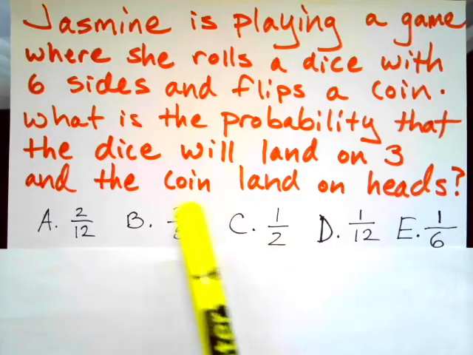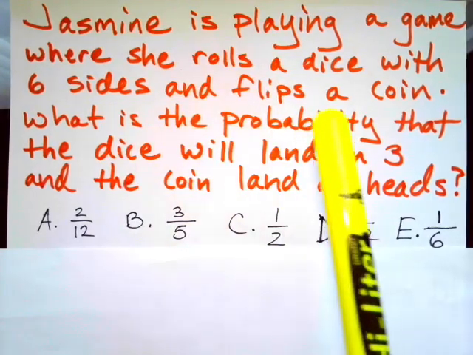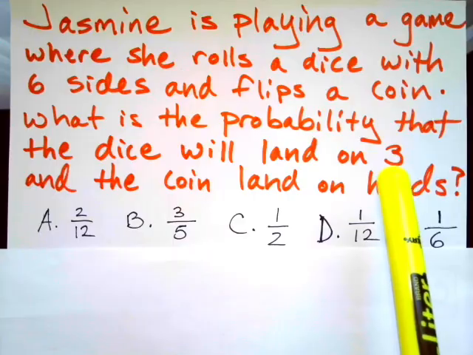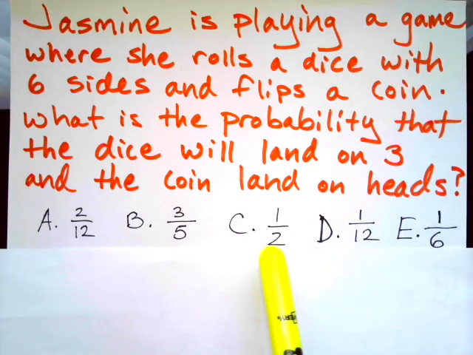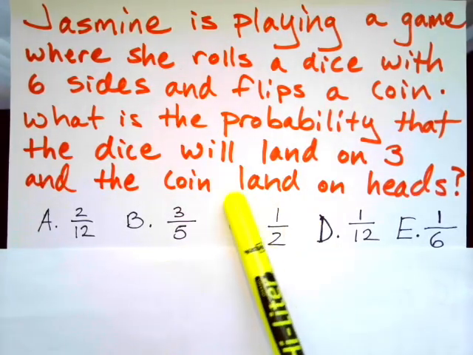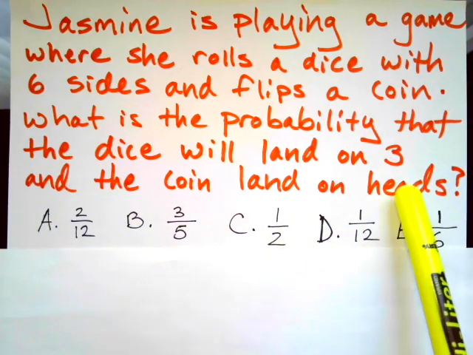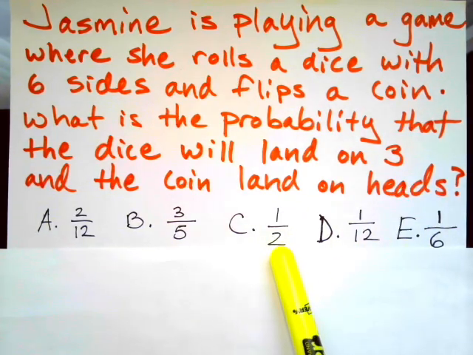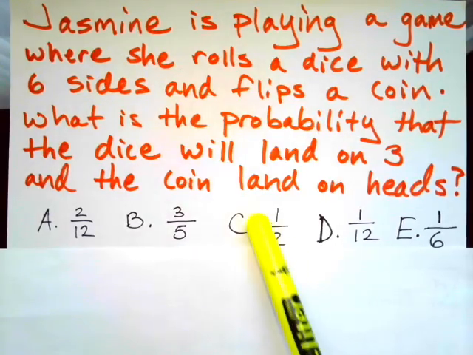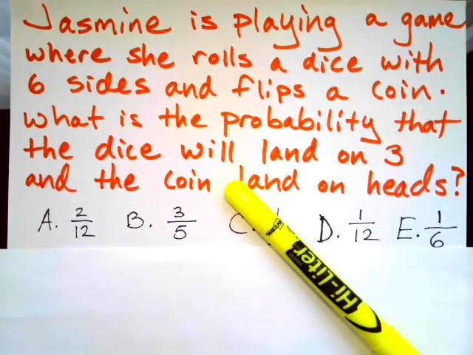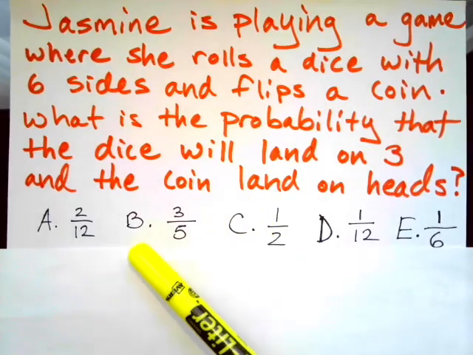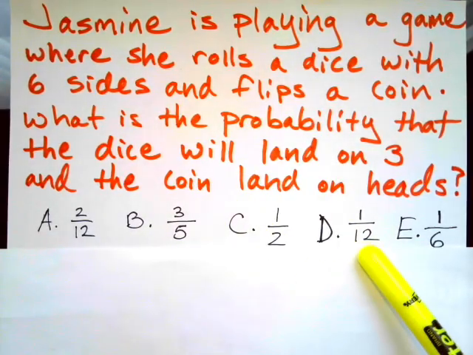So, considering you're also asked what's the probability of the dice landing on a 3, you can most likely eliminate C as well, because the odds are going to be different than just flipping a coin, which is 1, heads is 1 out of 2 options, heads and tails, right? So you can probably cross off the C, which leaves you an option of B, 3/5, or D, 1/12.